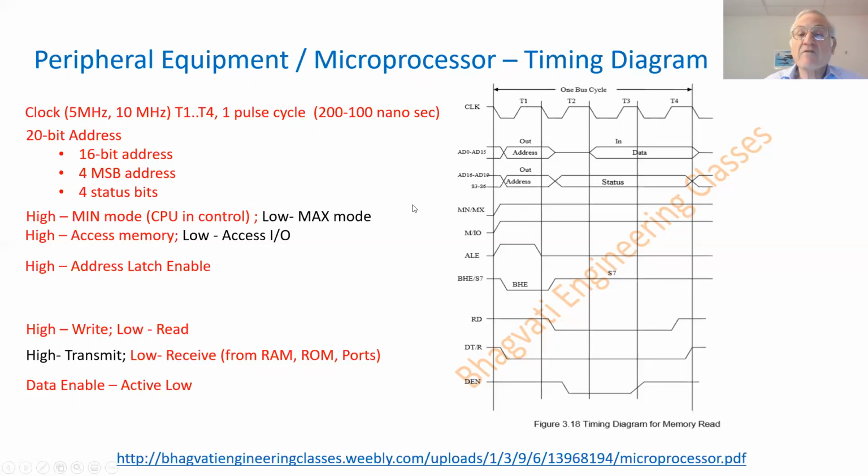And then we have over here ports that determine whether it's min-max mode. When it's high, it's min, which means that the CPU is in control. Then we have over here memory or I/O. When it's high, then we are doing memory access.